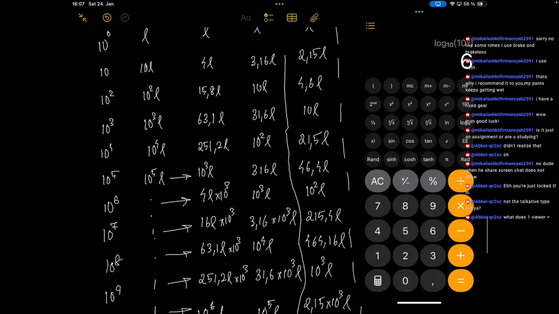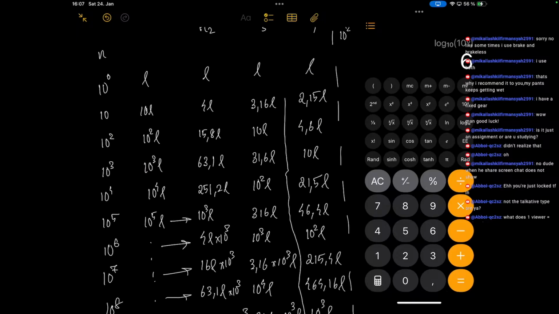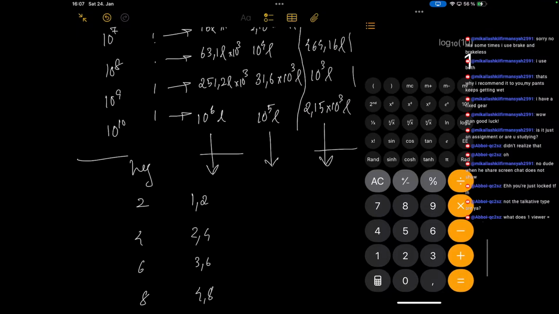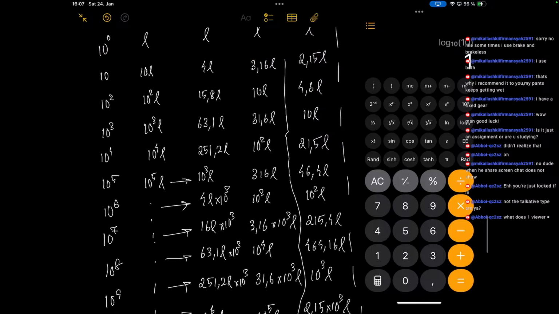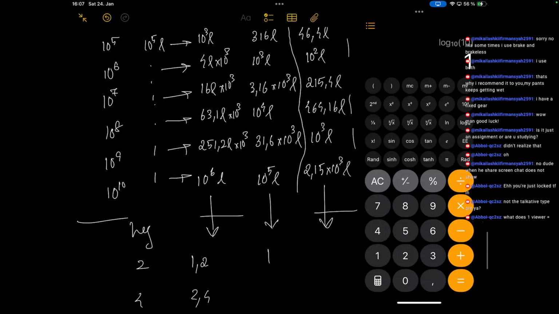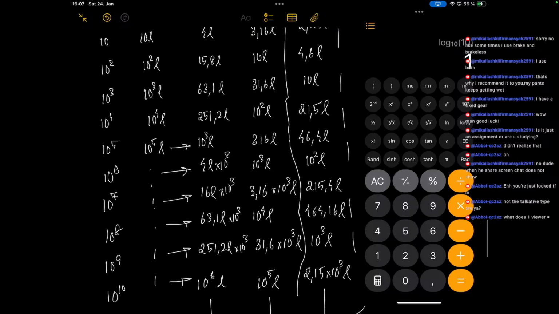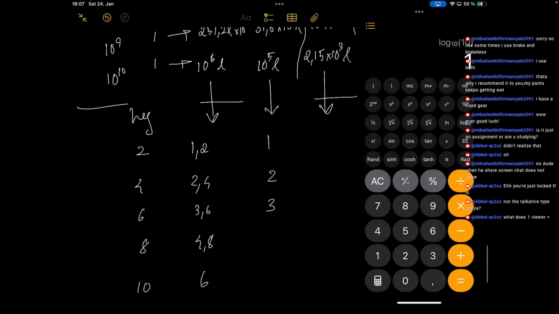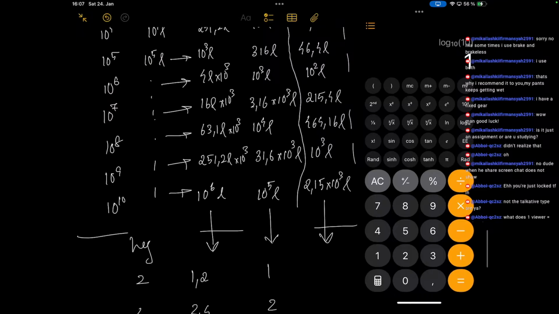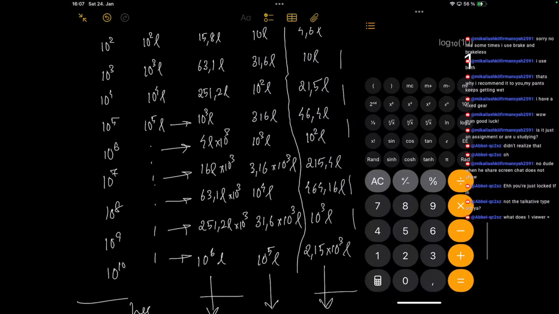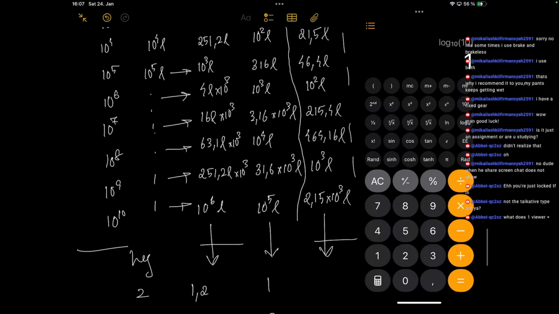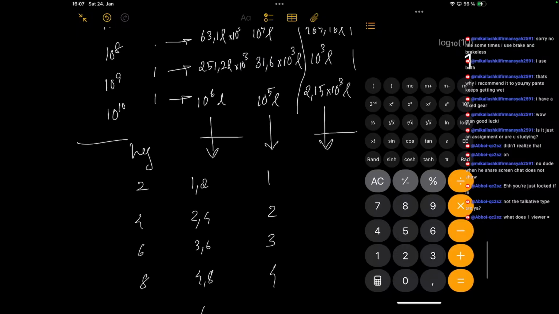R2, log 10. Log 10 should be 1, right? 10 to 6, 3. Oh, I'm guessing 4. No, it's 3. Wait, 8 4. Oh, yeah. That's right.